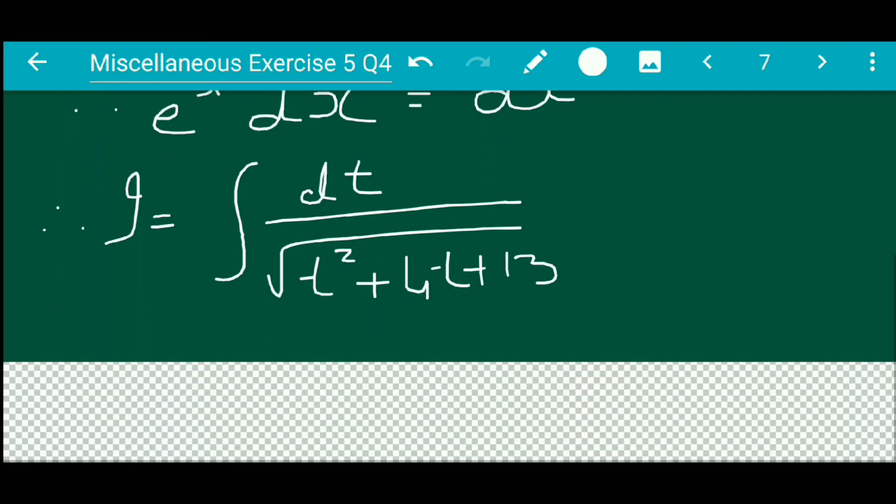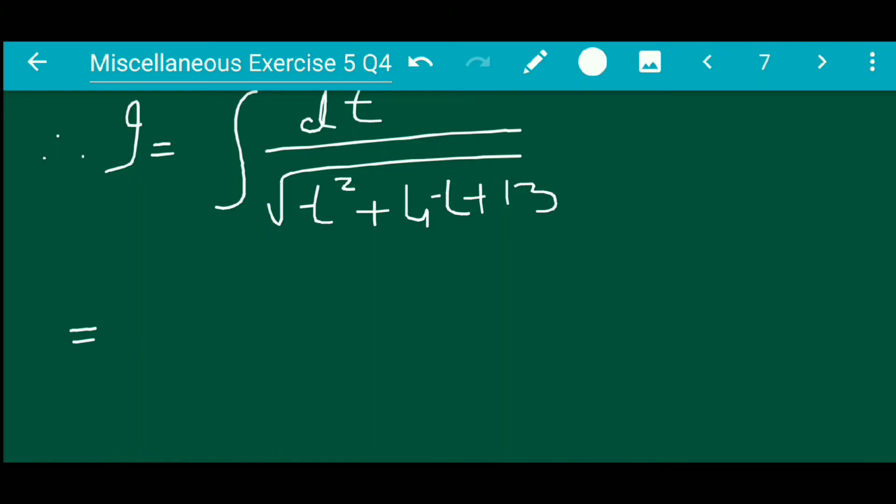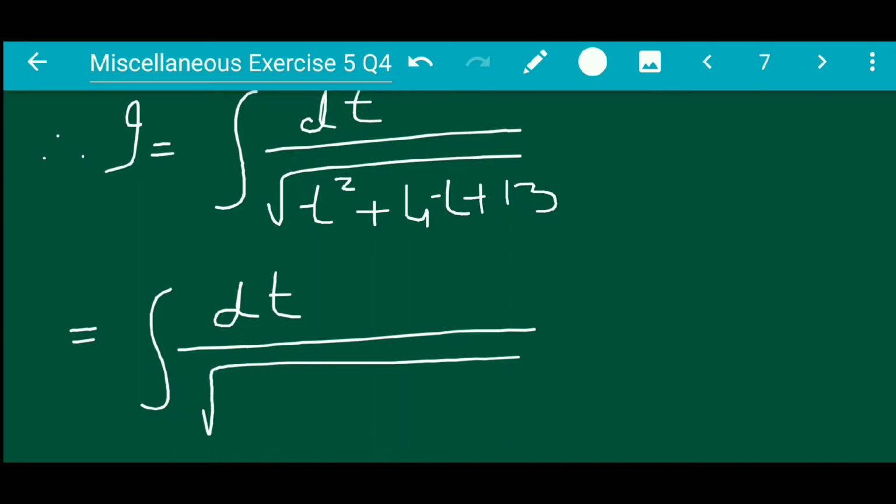Since there are three terms in the denominator under the root sign, the next step is to complete the square. So dt upon root of, half of 4 the whole square. Half of 4 becomes 2 and 2 square becomes 4.